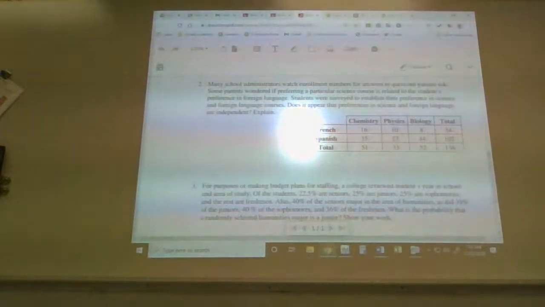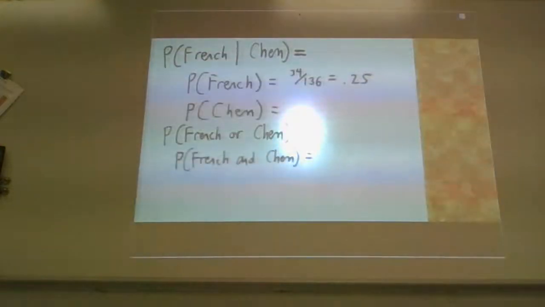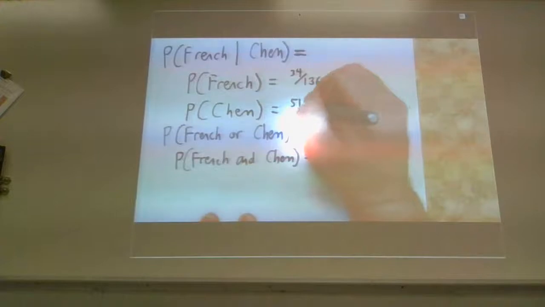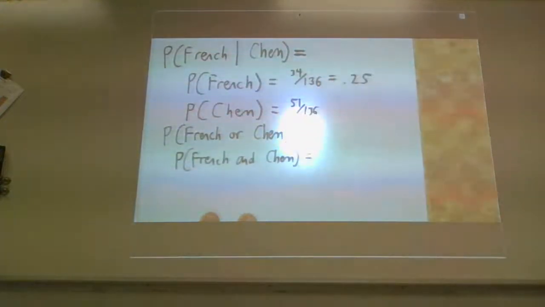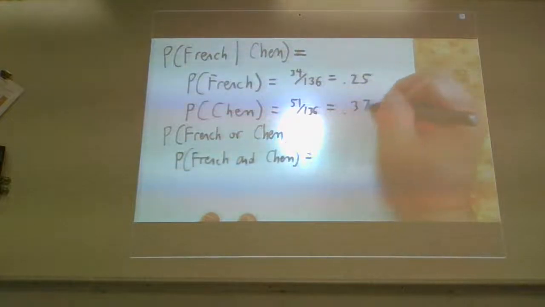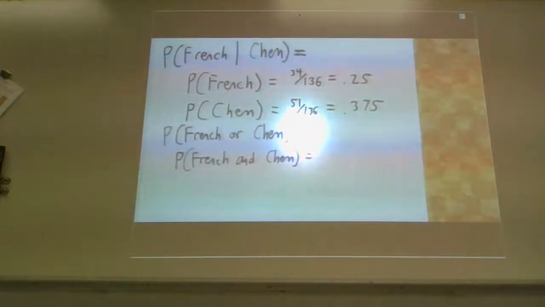The probability of preferring French is a total of 34 out of 136. The total preferring chemistry would be 51 out of 136. 51 divided by 136 is 0.375. Oh, there is a 6th calculation that I got to do, but I'm going to save that for later. You'll see.